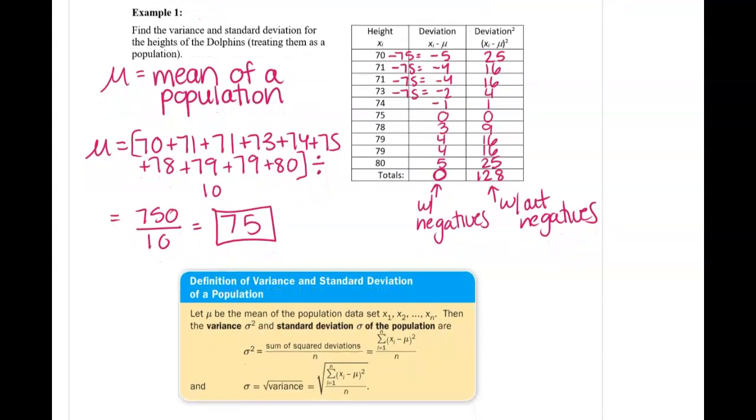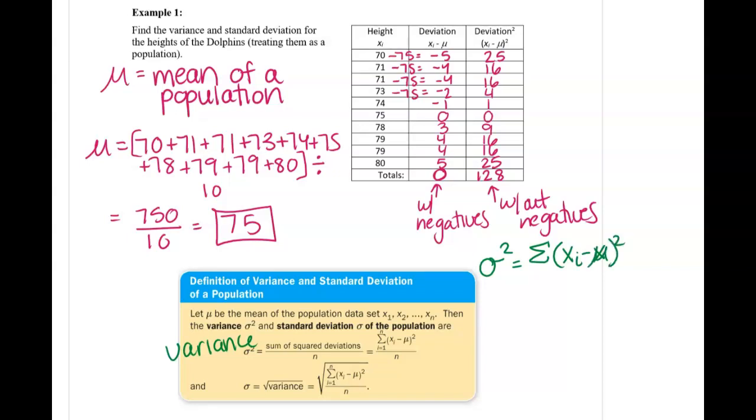Okay, so now we are going to calculate the variance and the standard deviation. And essentially you need the variance to then take the square root of it to find the standard deviation. So our formula, this is variance. I'm going to write it right here. That equals the sum of all the xi minus mu squared.